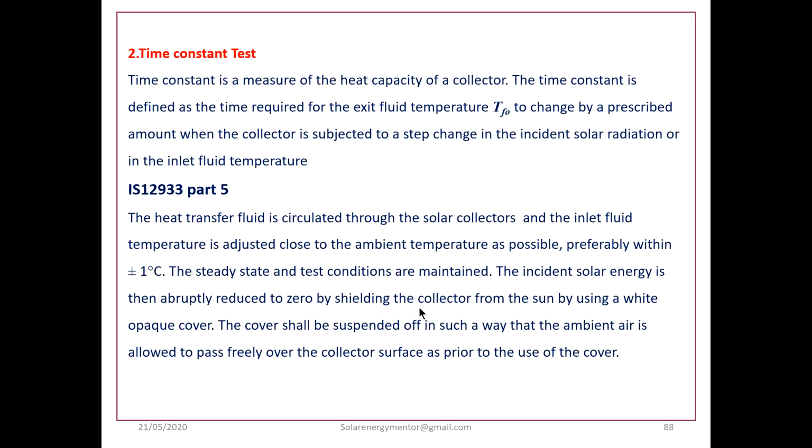This inlet fluid temperature is adjusted as close to the ambient temperature as possible, preferably within plus or minus 1 degree Celsius. For example, suppose the ambient temperature is read as 27 degrees Celsius, then the collector fluid inlet temperature may be adjusted to say 28 degrees Celsius.